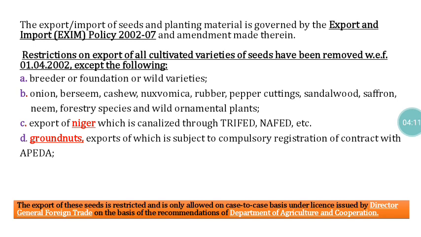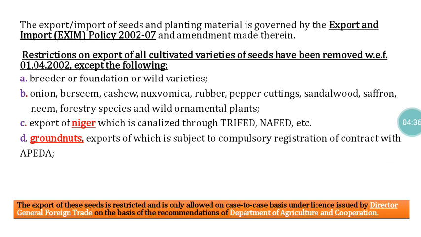Still, restriction is there. Similarly, export of Niger, which is channelled through TRIFED or NAFED alone, is permitted. Regarding export of groundnut seed, that is subject to compulsory registration of the contract with APEDA. Under that condition only can they go for export of that material.